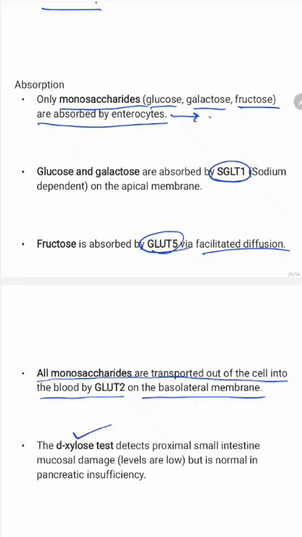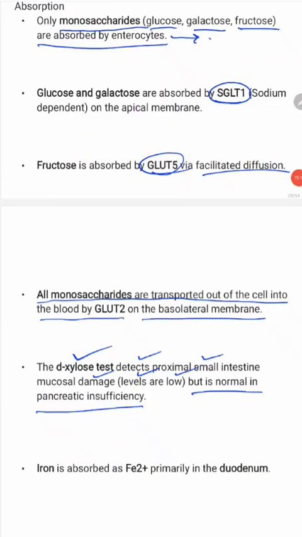Now, the D-xylose test detects proximal small intestine mucosal damage. Levels are low but are normal in pancreatic insufficiency. Okay, whenever there is pancreatic insufficiency, the D-xylose level will be normal. So, what we actually do in this test, D-xylose is a simple sugar, okay.